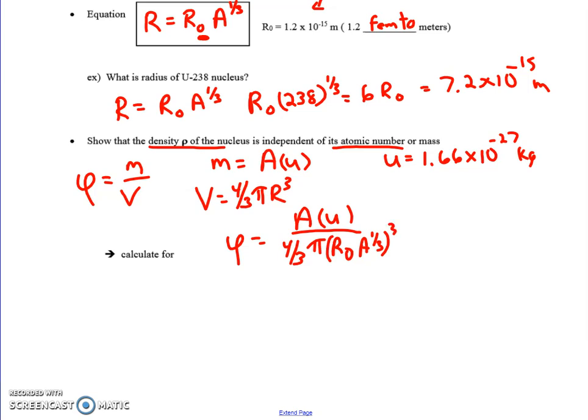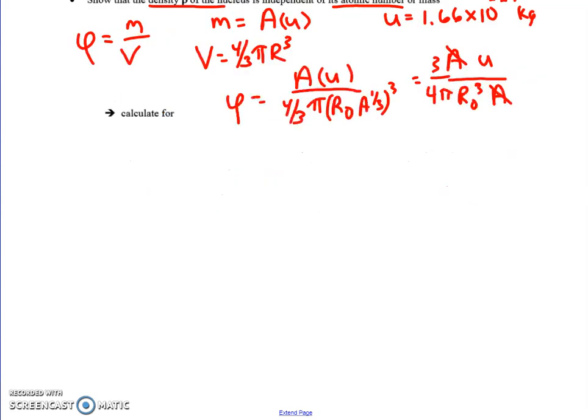Okay, so let's simplify. So we have A times u all over, let's bring the 3/4, flip, copy, change, flip, over pi r naught cubed, and A to the 1/3 cubed is A. All right, so we can see that the atomic mass cancels out, and we're left with rho equals 3 over 4 pi atomic mass unit times r naught cubed.